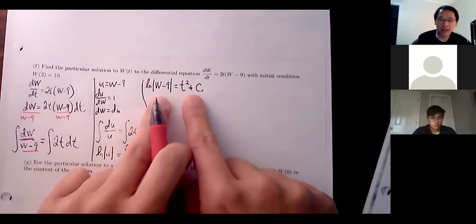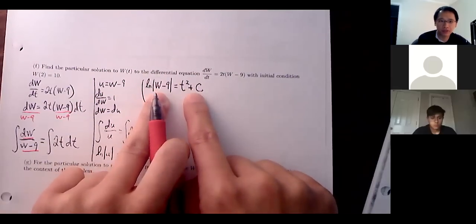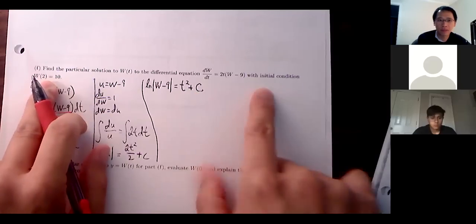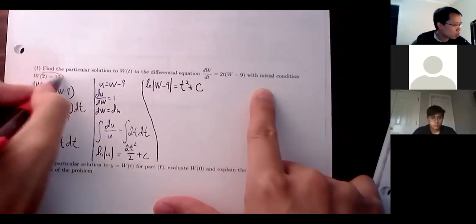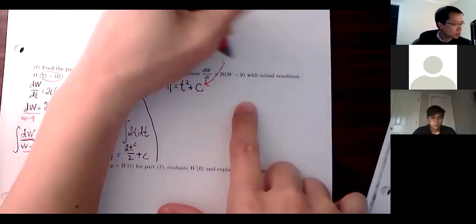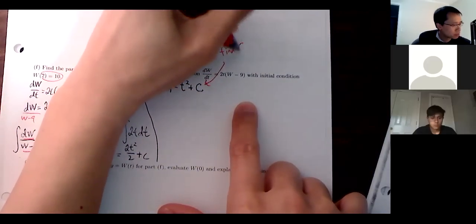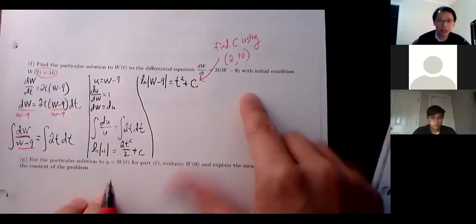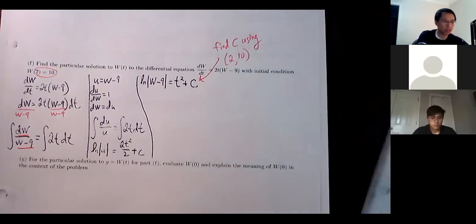So I've taken care of the calculus. Now I just have to figure out, I'm trying to find my specific solution. So I'm going to take my ordered pair and plug in, right? I'm going to find the C value using my ordered pair of 2, 10. Okay, so 2 plugs in for t, 10 plugs in for w.